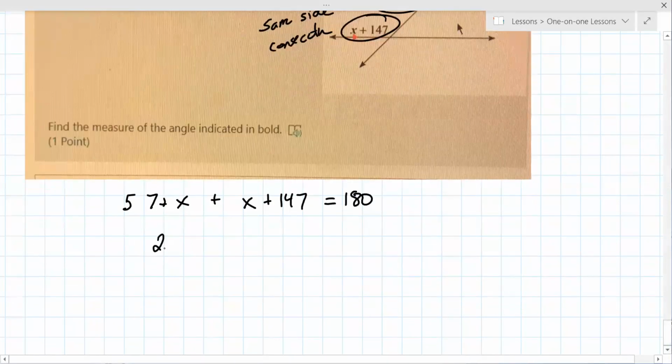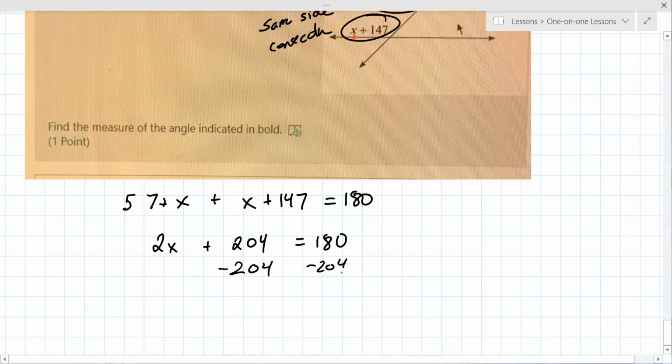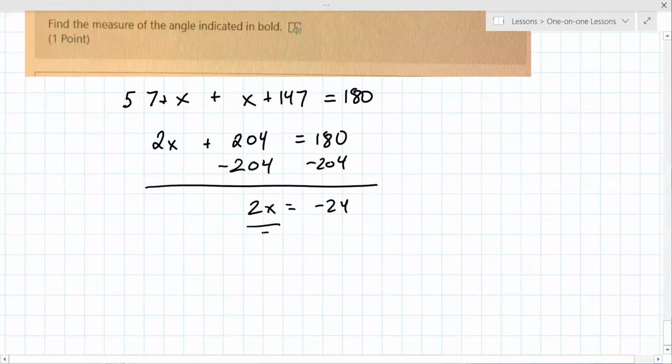Okay, so we got 2x and then 57 plus 147. 7 plus 147 is 154. Add another 50 to it, that's 204. So we're going to subtract 204 from both sides. That's negative 24. And we're going to divide by 2.